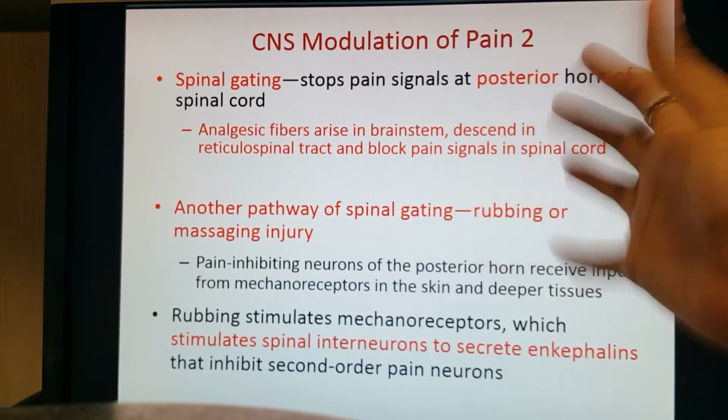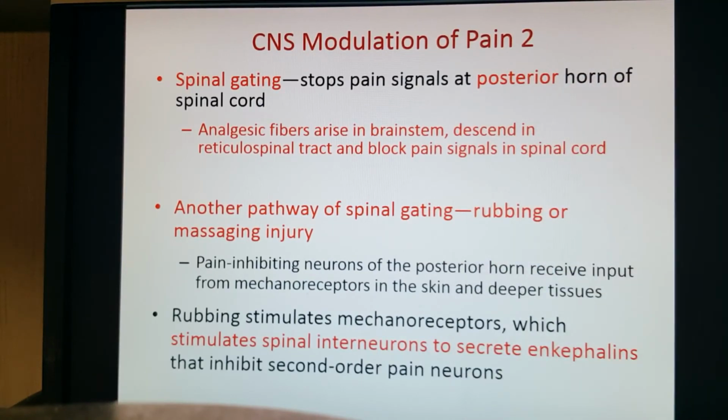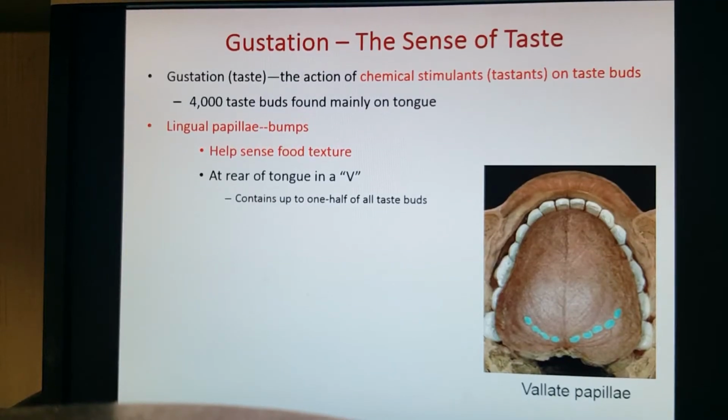Basically, similar concept to activate spinal gating, but also in order to confuse the brain on where that sensory information is coming from. So basically, still stopping that pain signal from consciously telling your brain, hey, something's wrong. So that rubbing helps to stimulate the interneurons to secrete the enkephalins, which are, again, another analgesic or painkiller.